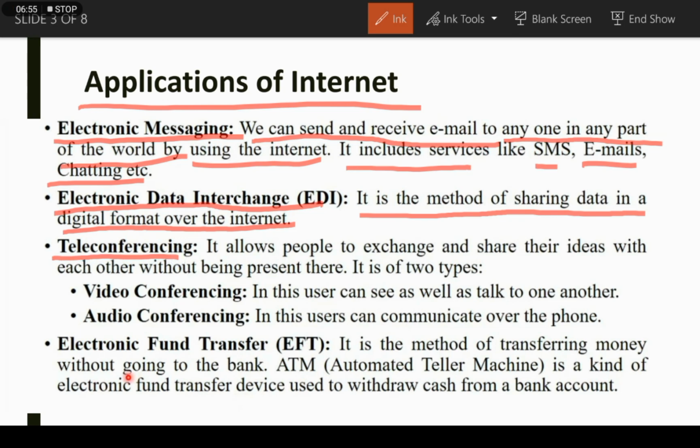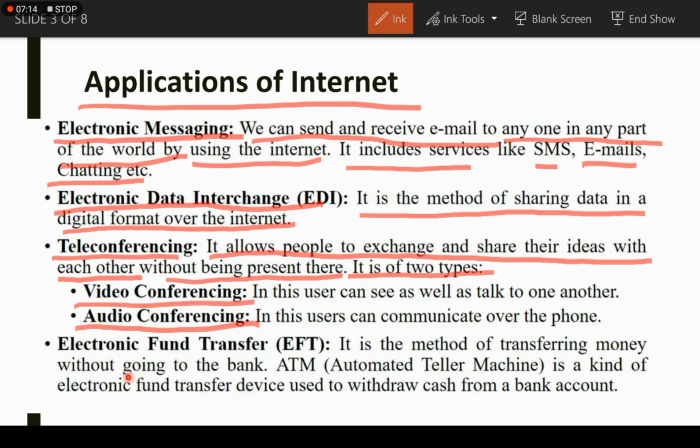The next one is teleconferencing. It allows people to exchange and share their ideas with each other without being present in the same place. Teleconferencing is of two types. The first one is video conferencing, the second one is audio conferencing.